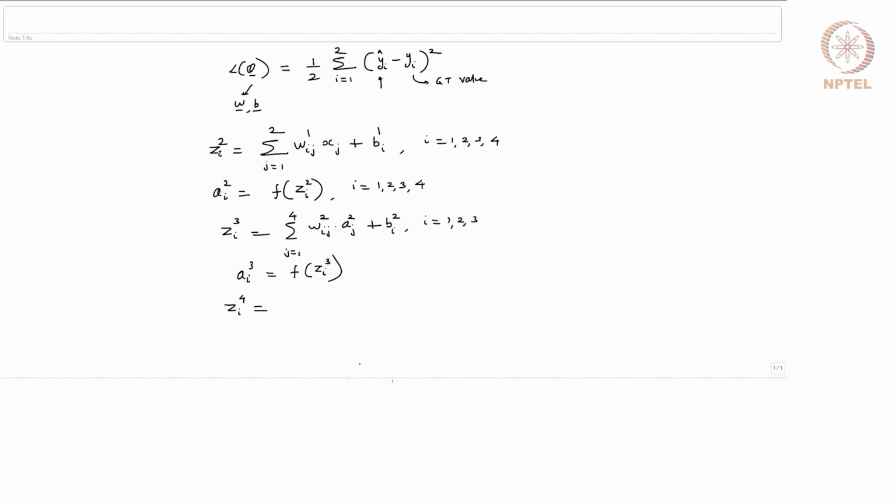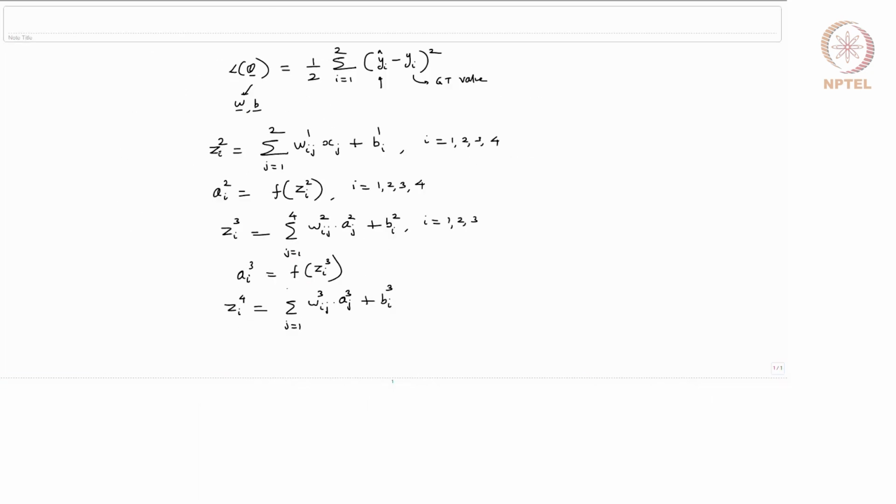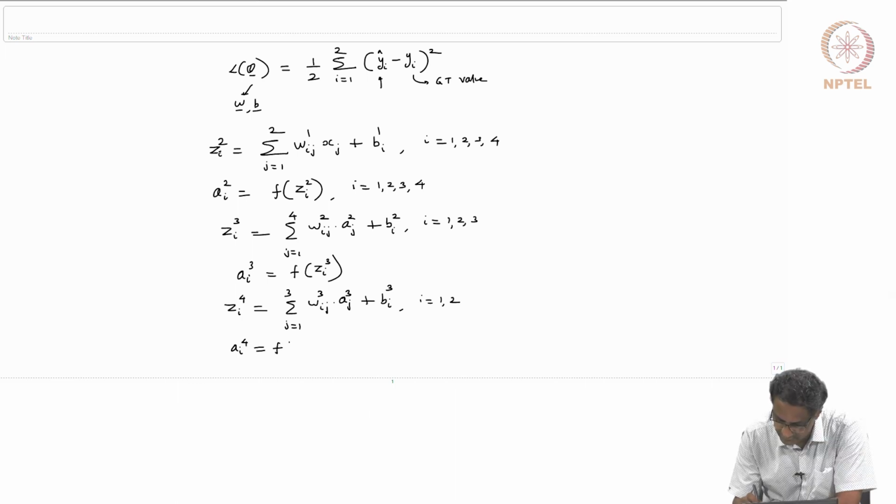Therefore Zi4 will be summation Wij3 and then Aj3 plus Bi3, except that J will now go from 1 to 3, and I goes from 1 to 2, because you only see 2 neurons at the output, and Ai4, which is the final output, that is f of Zi4.